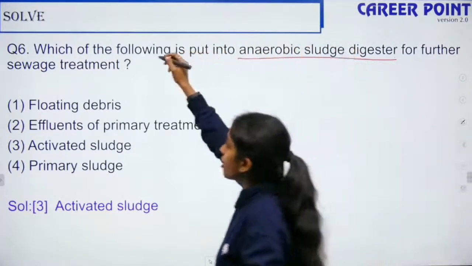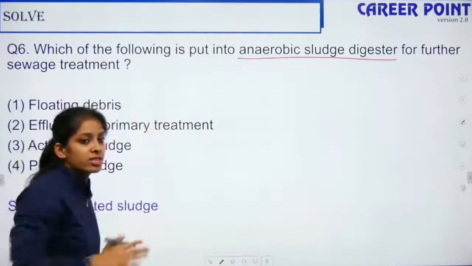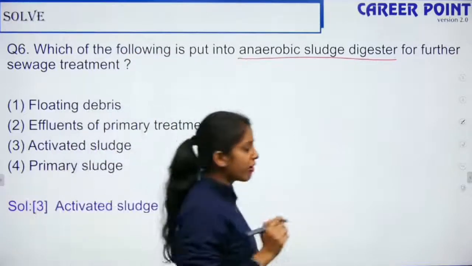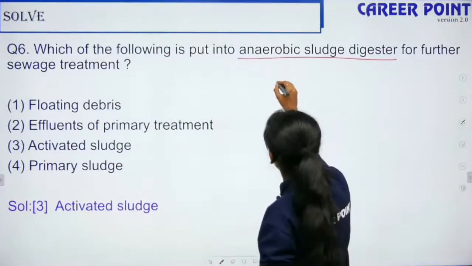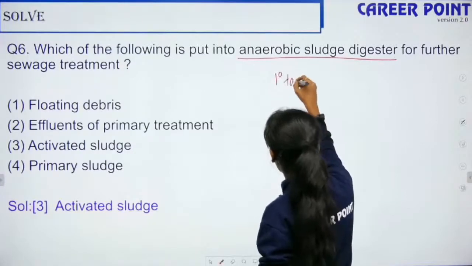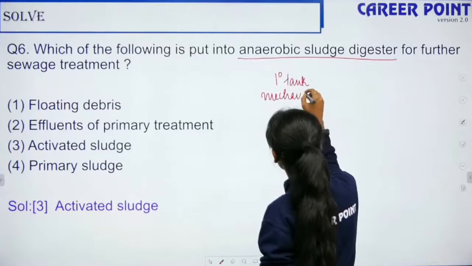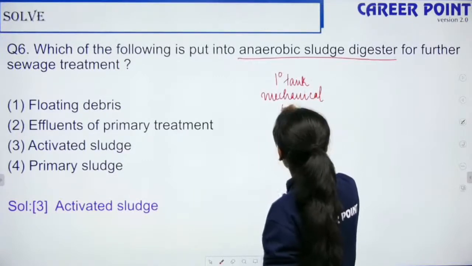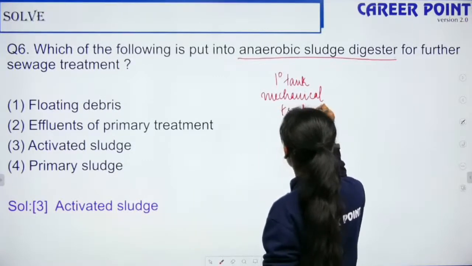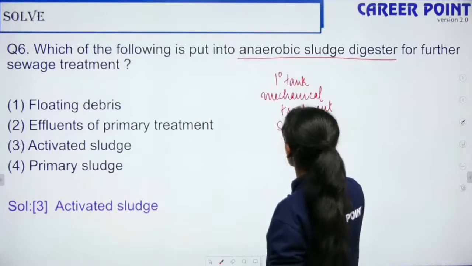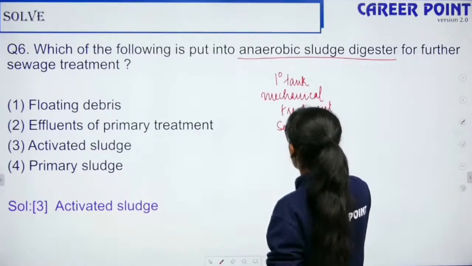This is talking about your sewage treatment, and this question is from microbes and human welfare. What is the first tank? You call it your primary tank, also known as mechanical treatment. Why? Because you pick out the floating debris by sedimentation and filtration.